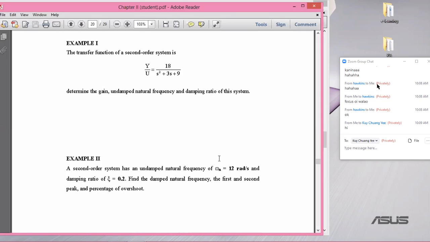So when you want to quantify the behavior of a control system, all you need is this: natural frequency and damping ratio. So you will know how much overshoot there is going to be, how fast the system response is going to be. So we can now compute all these quantities that is specified here.